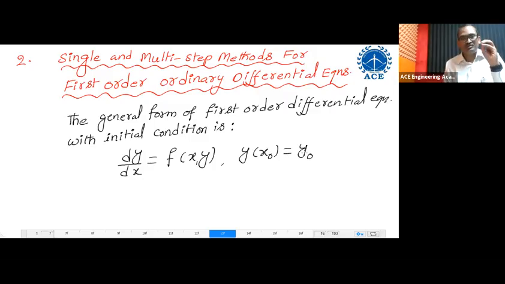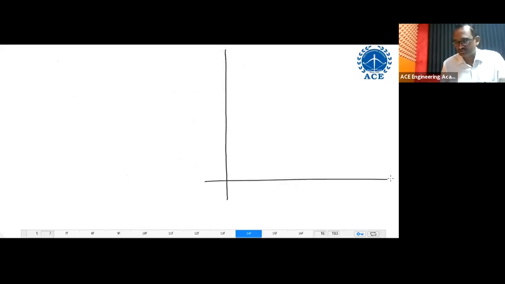Now, what do you mean by first order differential equation? Not every first order differential equation's solution can be evaluated exactly. All types of first order differential equations can be evaluated with the help of numerical methods. First of all, we need to assume the solution of the differential equation.